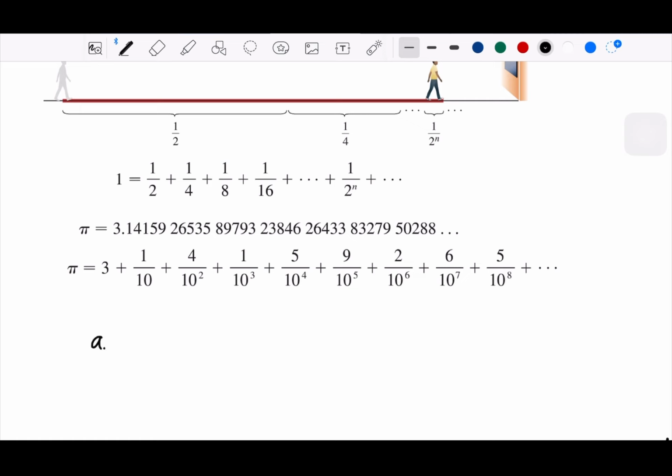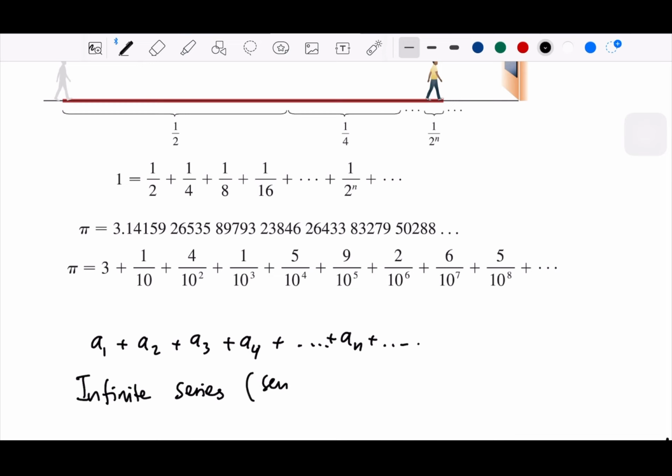So if we would like to add A1 plus A2, A3, A4 until some An, we call this an infinite series, or just a series, that's still okay. And we write this as a sum, or we simply write the sum of An.